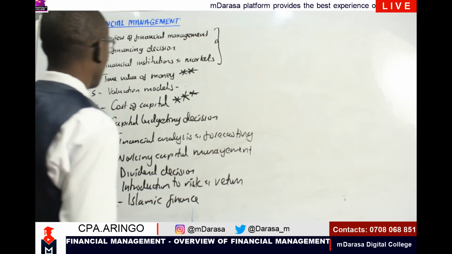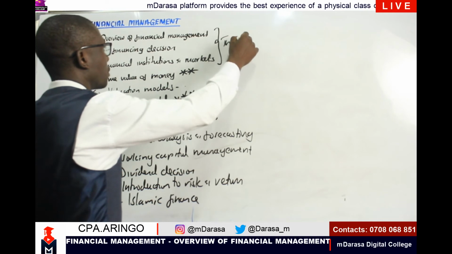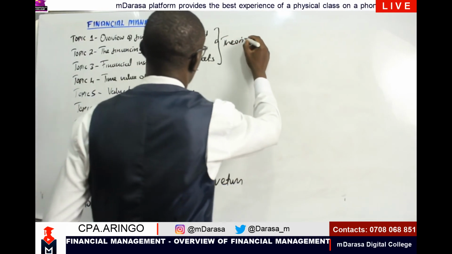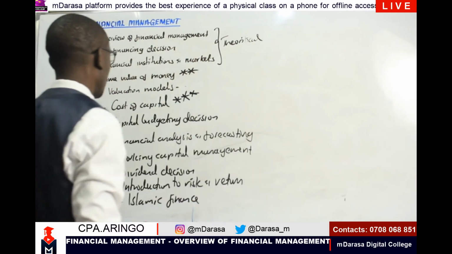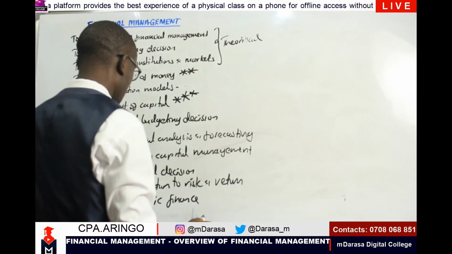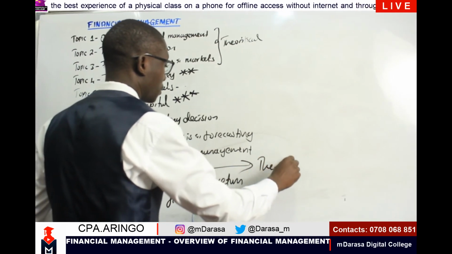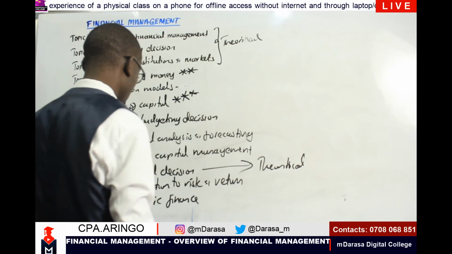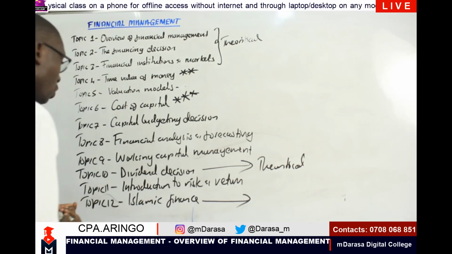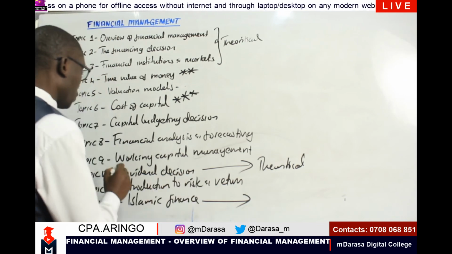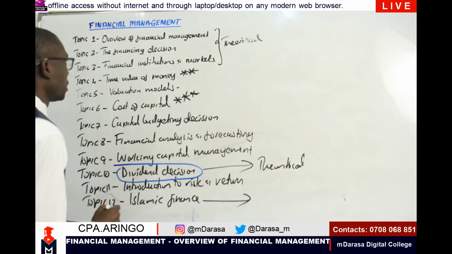Analyzing this, you'll find that the first part is purely theoretical, and very important. Also the dividend decision is very theoretical, and Islamic finance is also part of theory. So we'll devise a way of covering these quickly.